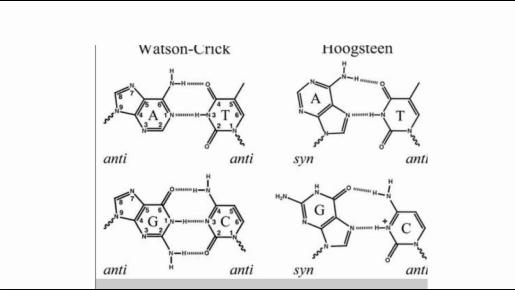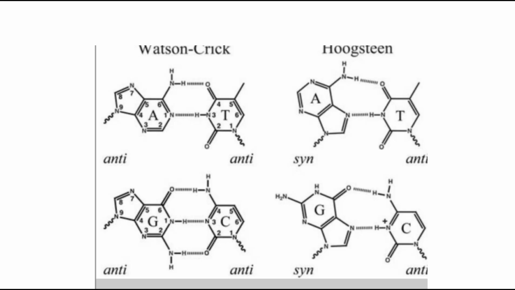This reveals the Hoogsteen edge of the purine, a side usually hidden in the standard double helix. AT Hoogsteen pairing is seen under DNA stress, methylation, or when DNA binding proteins are present, and adenine flips into the syn conformation and forms a bond using N7 and N3.